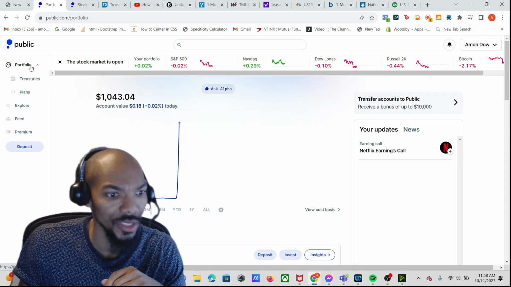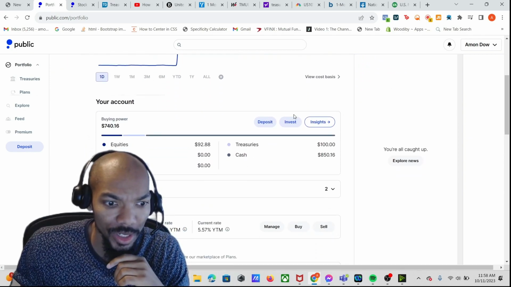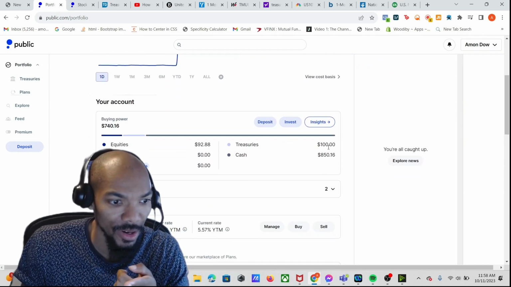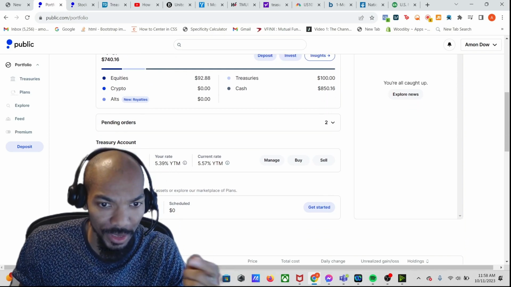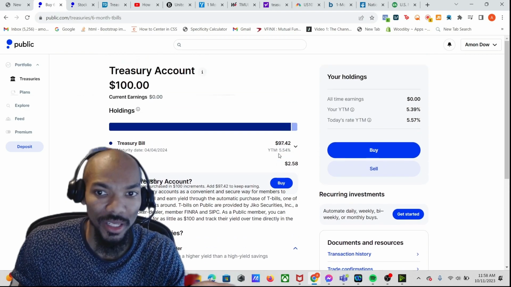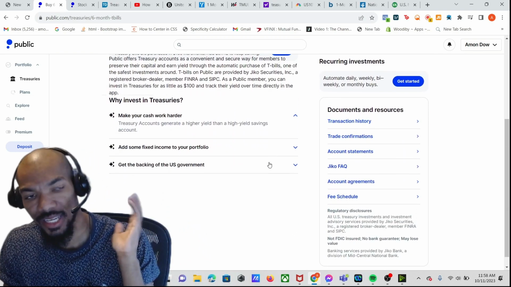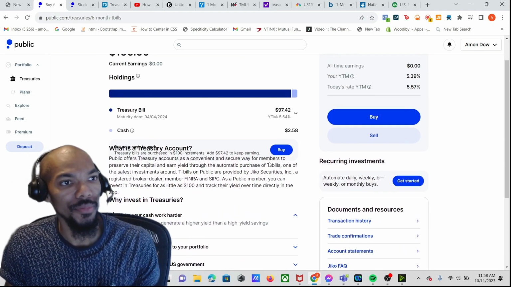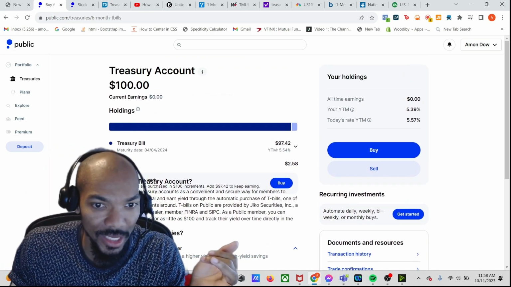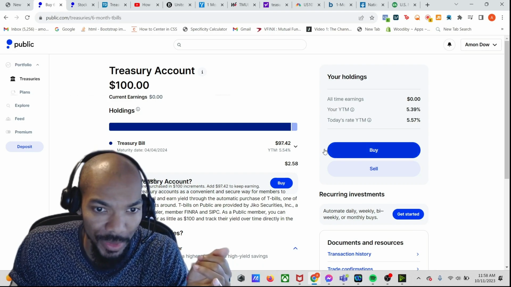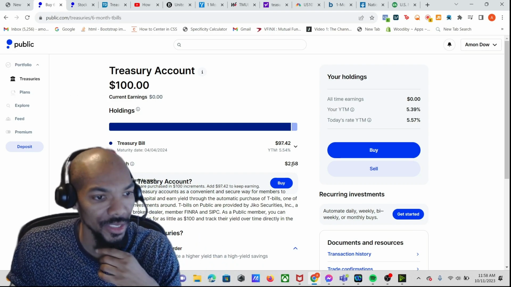So now let's go to my portfolio, and you can see where the Treasury note is, where I currently have it. Treasury note, I can manage, and you can actually see my Treasury information: net cash, Treasury bill, and the yield as well.